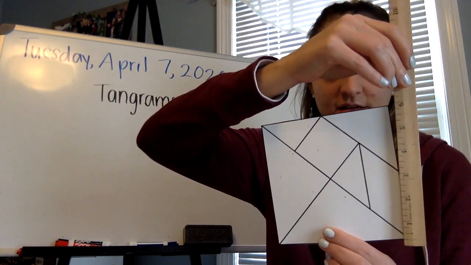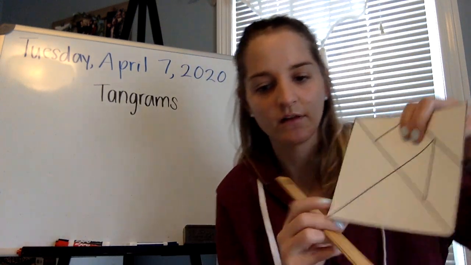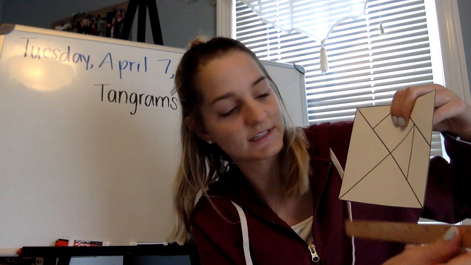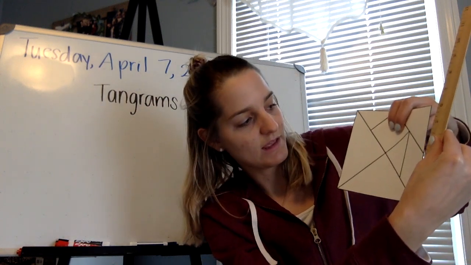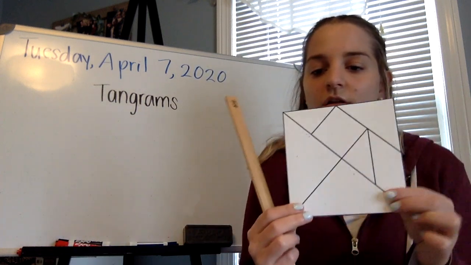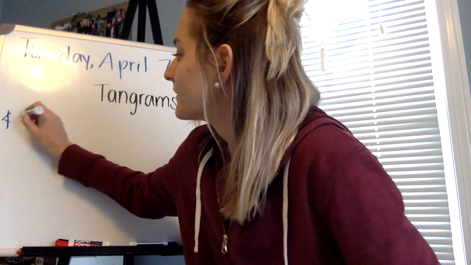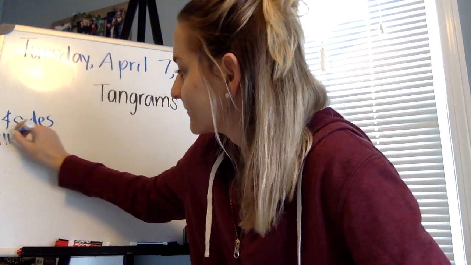This side is about 6. This side is about 6. And this side is about 6. So it has 4 sides. They're all equal.